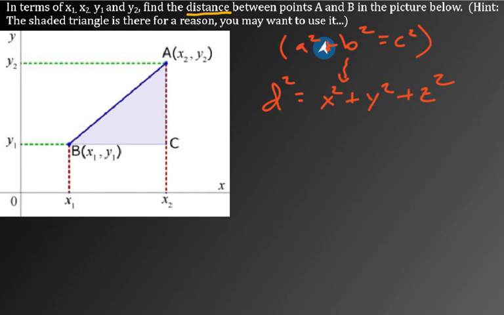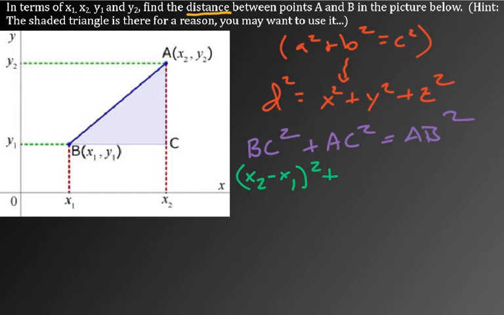So I'm just going to do the Pythagorean theorem, and C is my hypotenuse. That's going to be my distance. These are lengths of the sides of a triangle. So we have BC squared plus AC squared is going to be AB squared. BC is x2 minus x1.